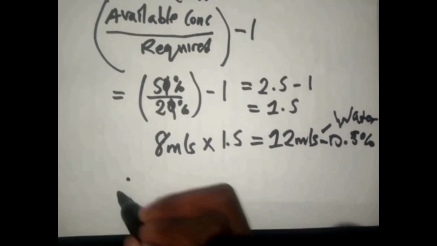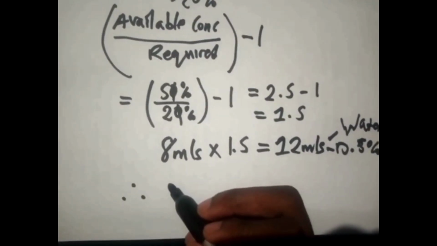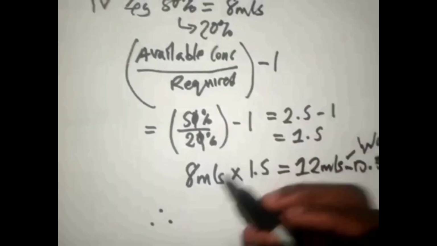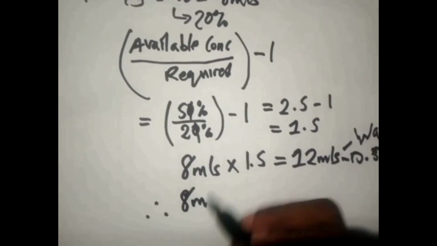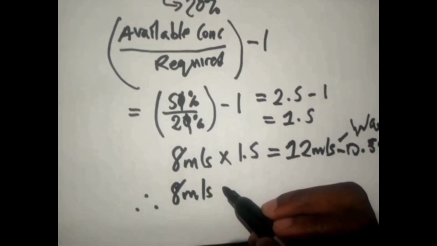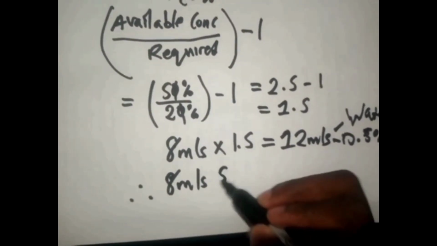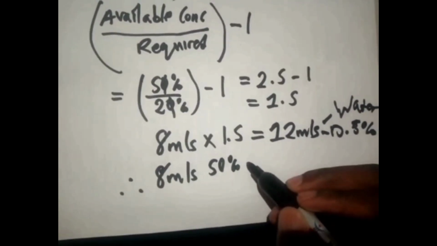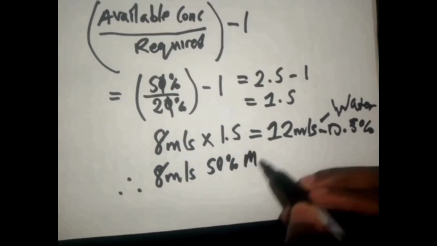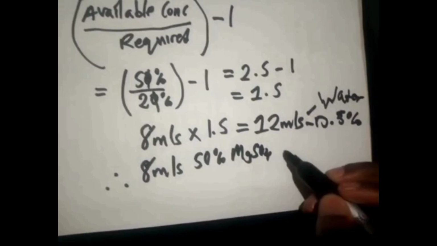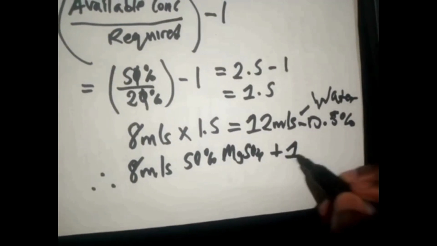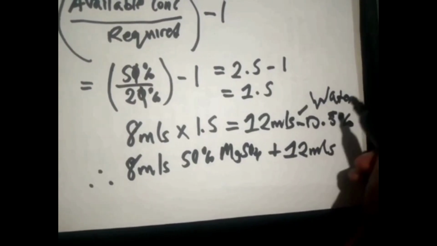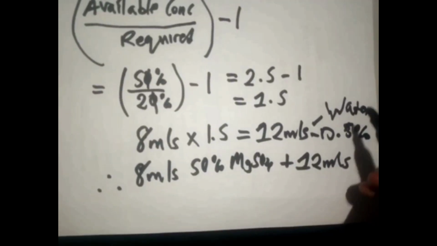So in conclusion, we are going to add the 8 mils of 50% mag sulfate plus the 12 mils of either water for injection, but preferably water for injection.